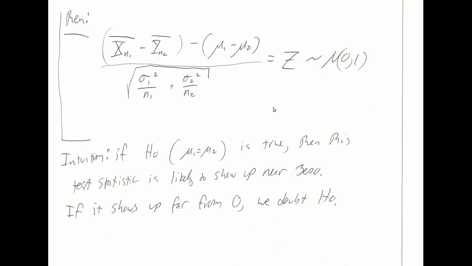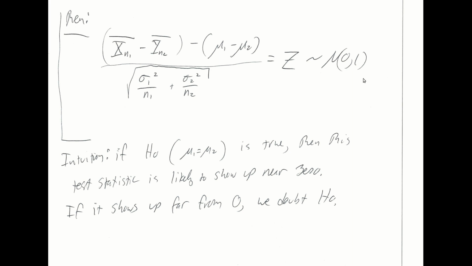And now, if your null hypothesis is true, so that mu1 does equal mu2 here, they have the same mean, this expression is going to be 0 in the top right here. And it's worth noting that in that case, you expect this expression to show up near 0, because this whole expression is a standard normal.